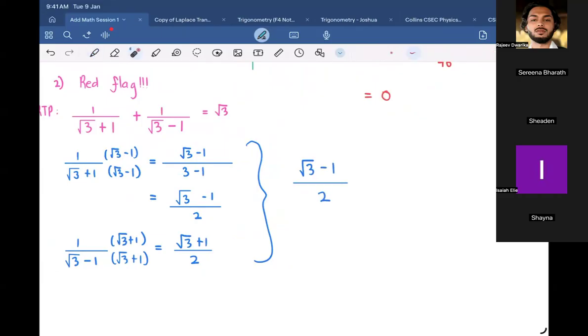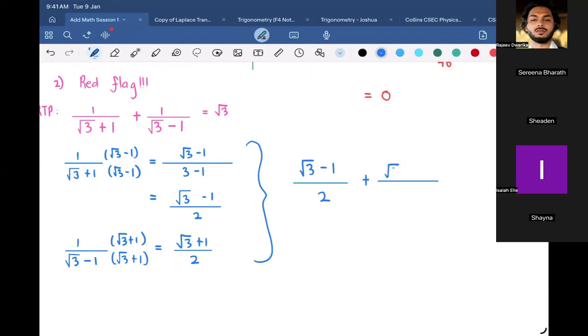So, Shayna, I want you to tell me, did I lose you? Be very honest. No, sir. Nope. Okay, so what am I gonna write next? So root 3 minus 1 over 2 plus what? Plus root 3 plus 1 over 2.